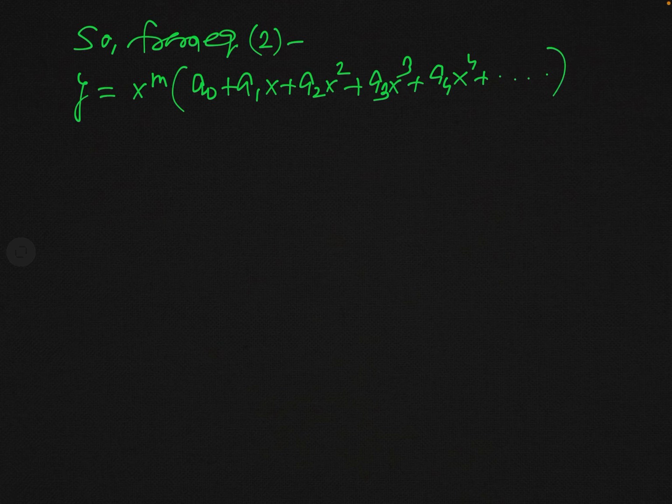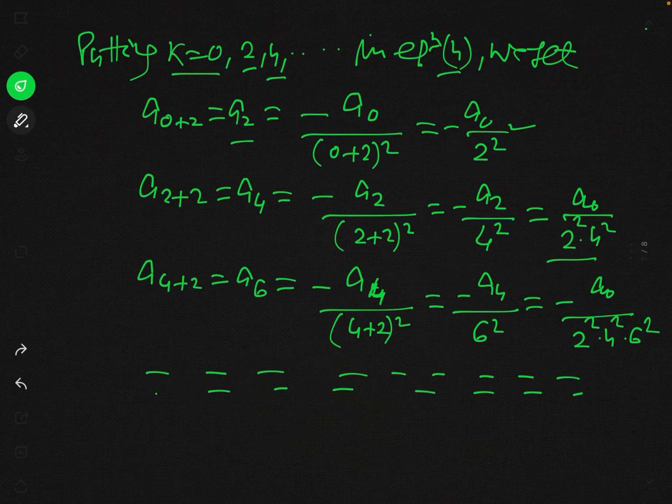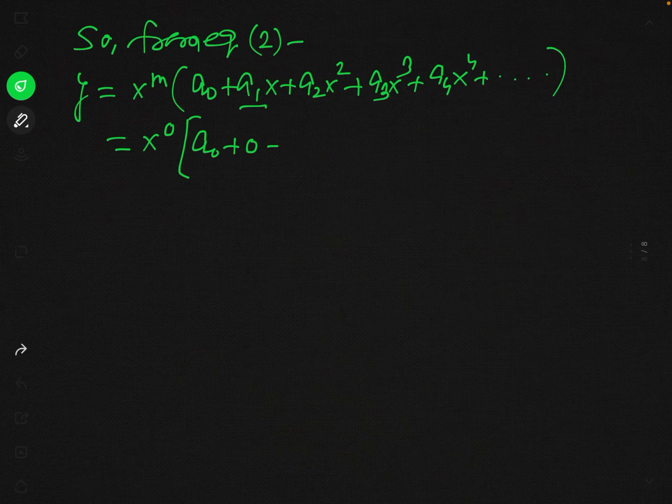Now you have seen that m is equal to 0, so this will be simply x to the power 0 and a naught, and you have seen that a1 is 0, so this is in fact 0, and plus a2. You can see here we have obtained the value of a2, and that a2 is minus a naught by 2 square, so this will be minus a naught over 2 square times x square.